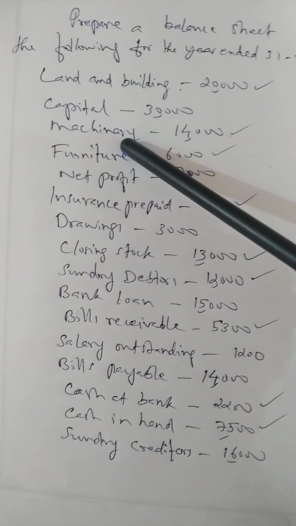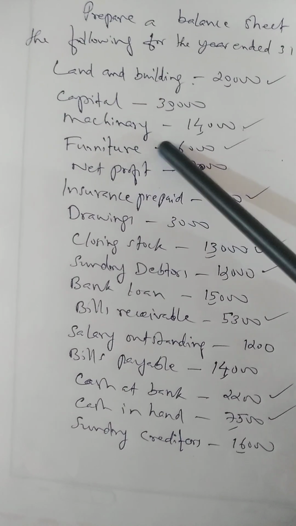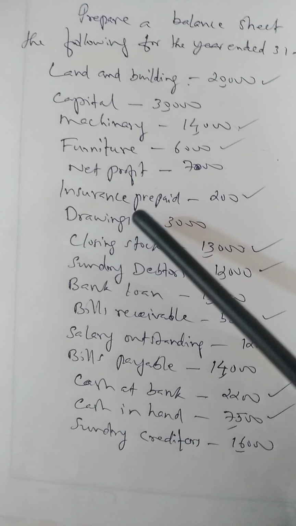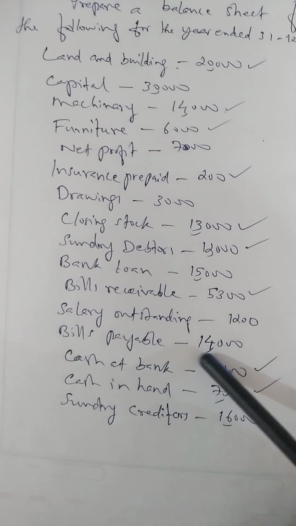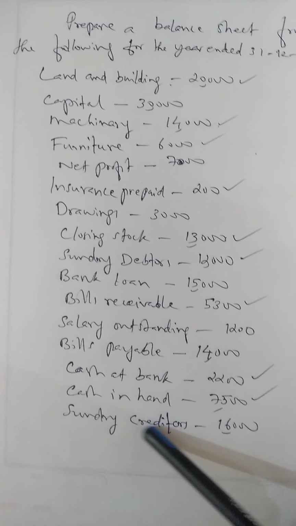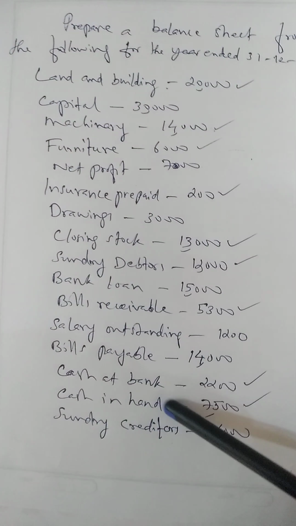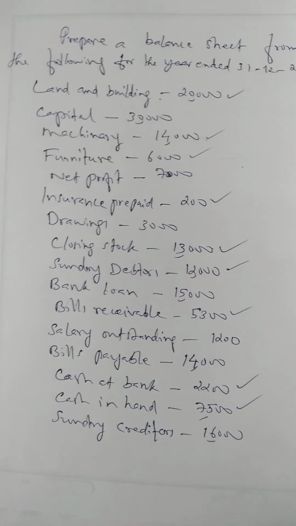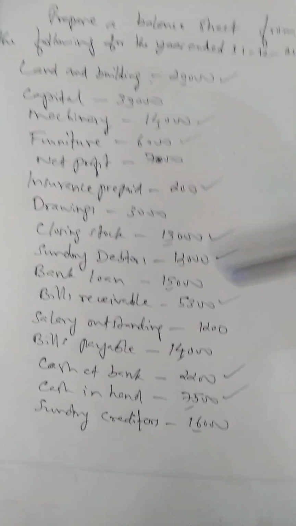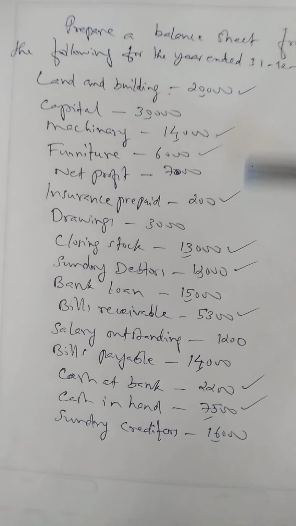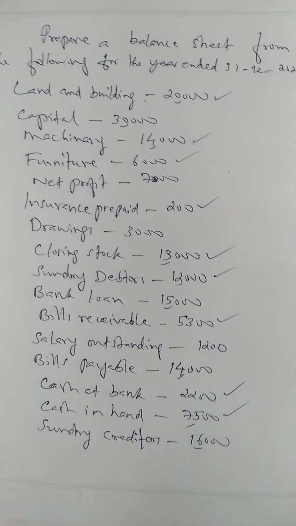And the unticked items, meaning capital, net profit, drawings, bank loan, bills payable, sundry creditors, are to be shown on the liability side. So first identify these things, and thereafter we can prepare a balance sheet.